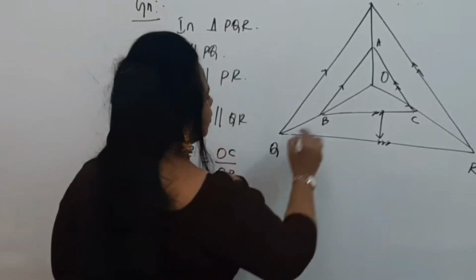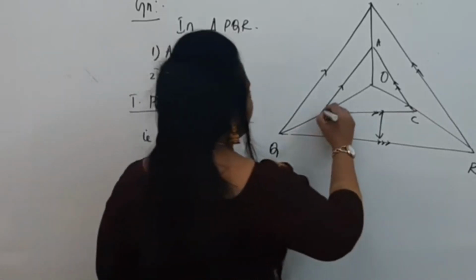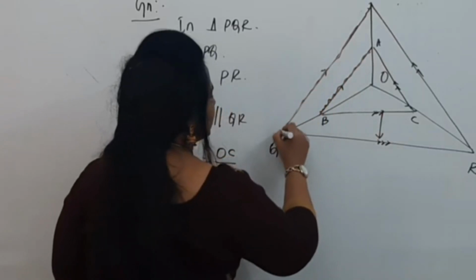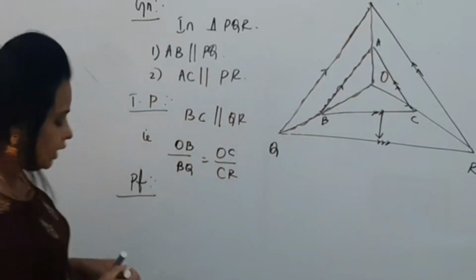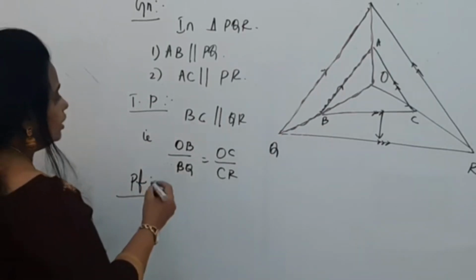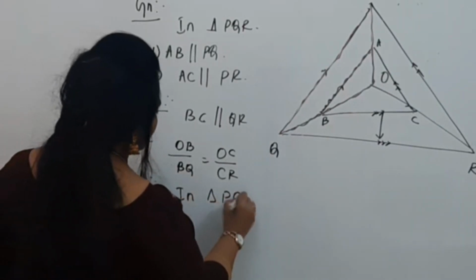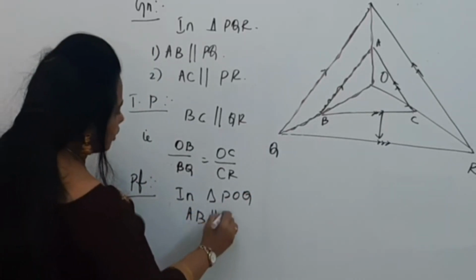AB parallel to PQ. Go for AB parallel to PQ and pick up your triangle. This is my triangle, which one? POQ is the triangle. So in triangle POQ, it is given AB parallel to PQ.